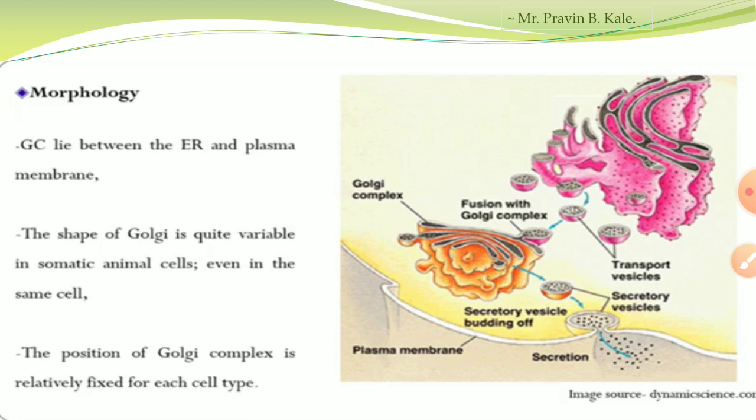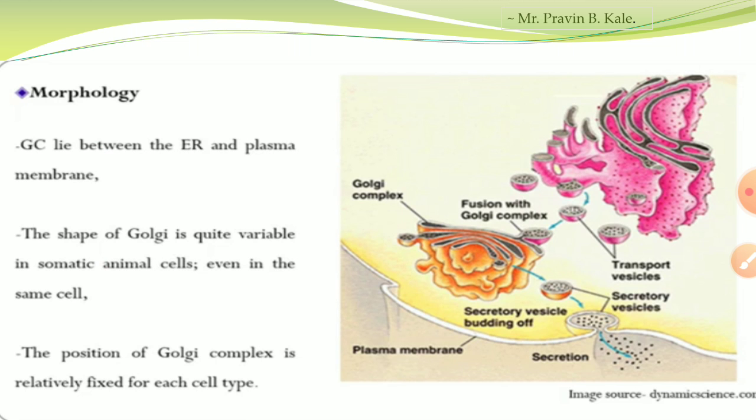In some cases, it occurs as a dense reticulum of anastomosing trabeculae, while in others as irregular laminated plaques or hollow spheres united together. In nerve cells, it occurs as a reticulum of wide meshes around the nucleus. Golgi complex lies between the endoplasmic reticulum and plasma membrane. Between endoplasmic reticulum and plasma membrane, we can see it.